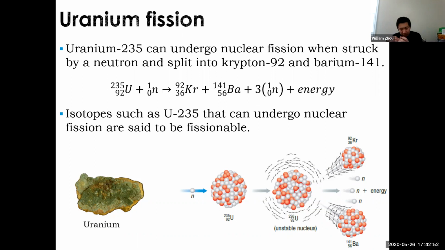And this splitting generates energy. And if you just look at the math here, 1 neutron hits 1 uranium atom, you make 3 other neutrons. And guess what? Those 3 other neutrons will find 3 other uranium atoms, split those, and each of those will have 3 neutrons for a total of 9 neutrons.